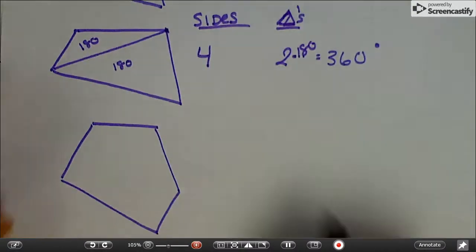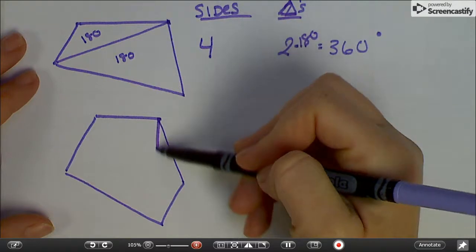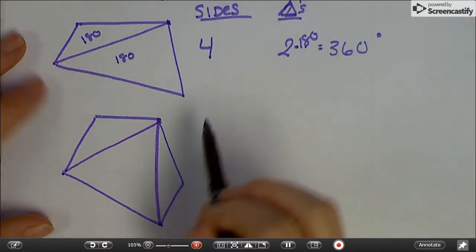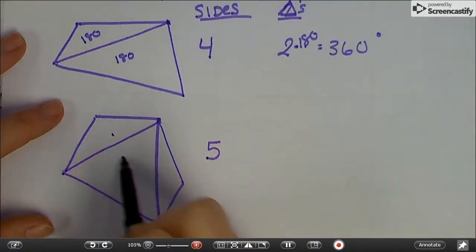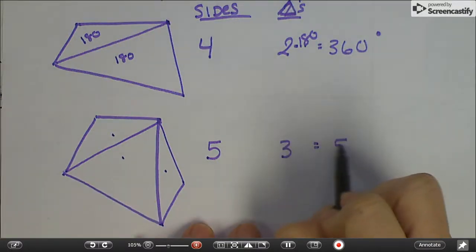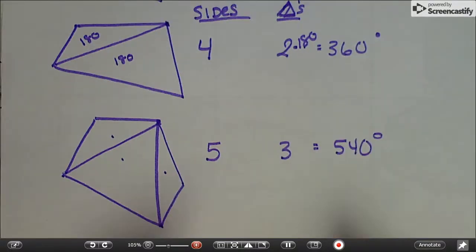All right, so then if we look at the pentagon and we triangulate it, choose one vertex and draw a segment to the other ones, we have five sides and 1, 2, 3 triangles. 3 times 180 is 540 degrees in the pentagon.